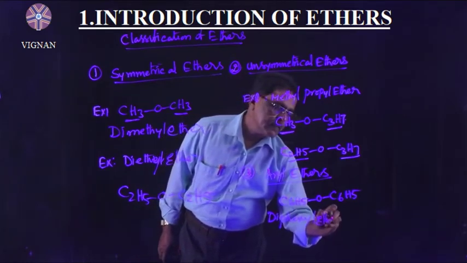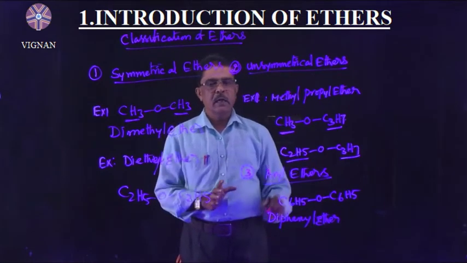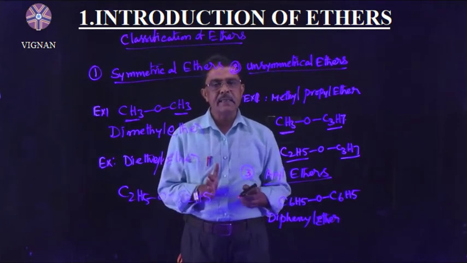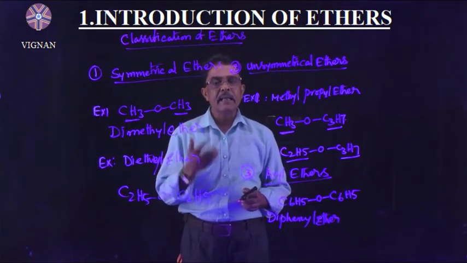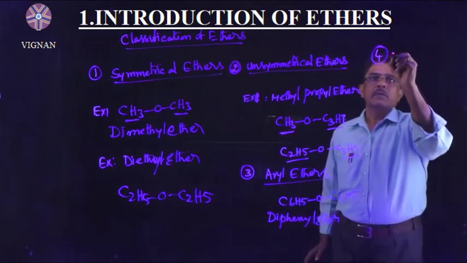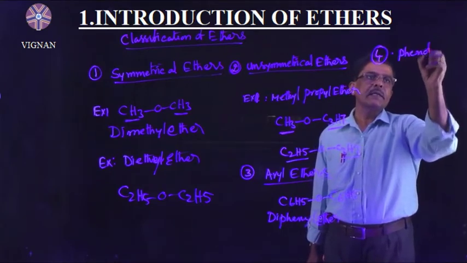This is the third type of ether. Both groups are aryl groups, so we can say the ether is an aryl ether. Next, the fourth one is phenolic ethers.